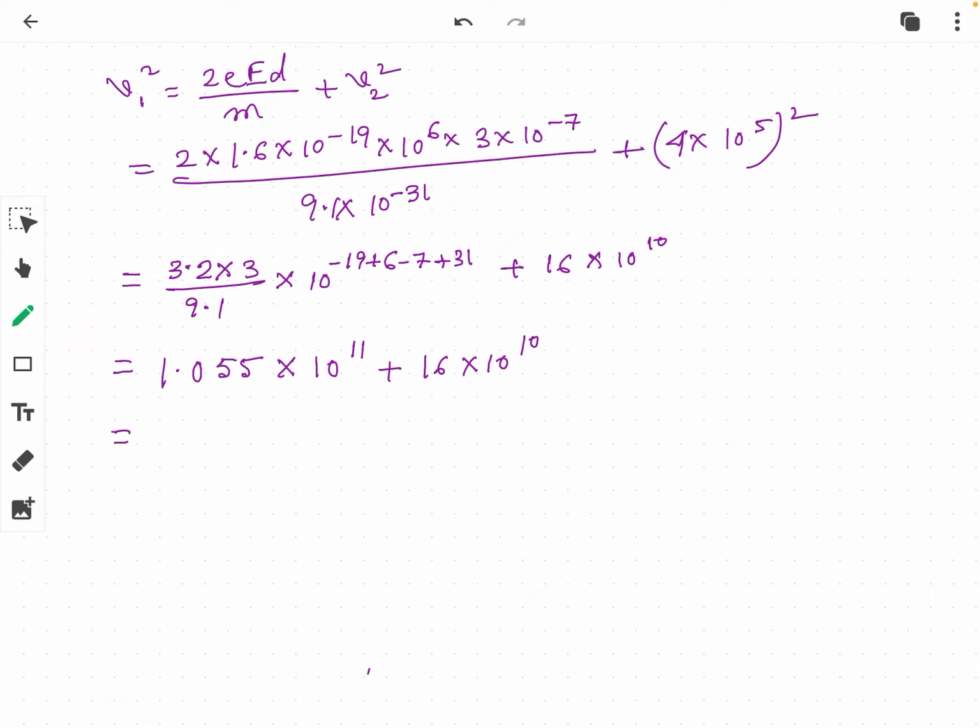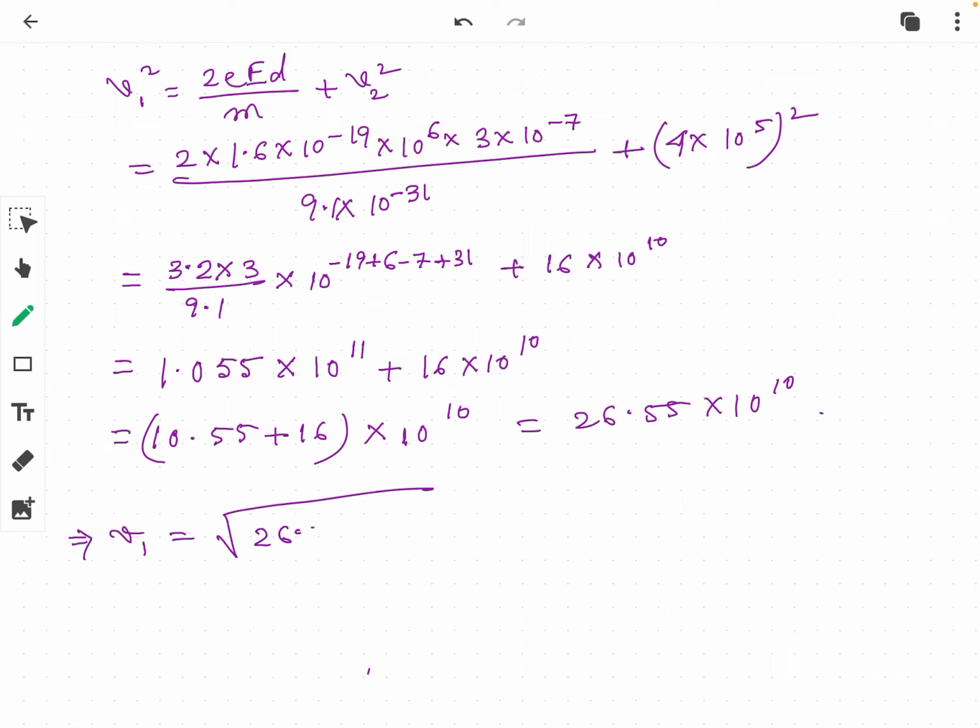So if we take 10 here, it is 10.55 plus 16 into 10 to the power 10, that is equal to 26.55 into 10 to the power 10. From here we can get V1 equal to root over 26.55 into 10 to the power 10.